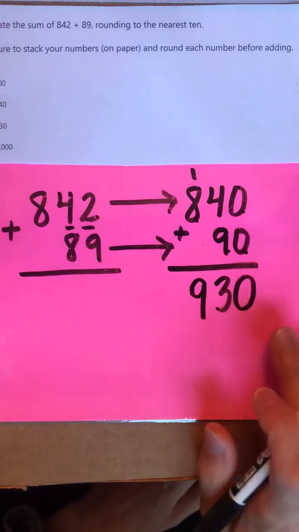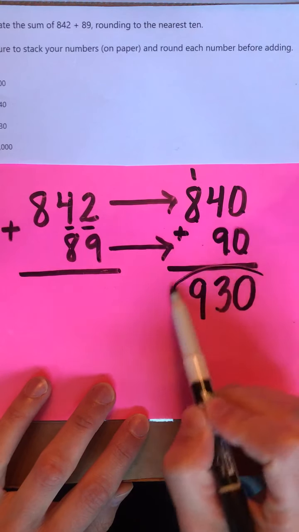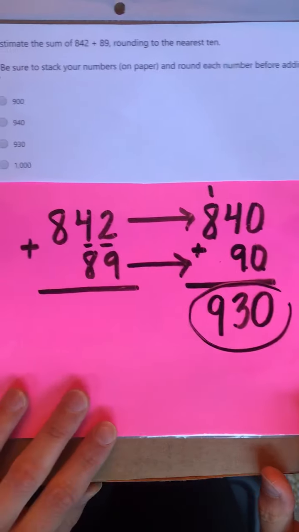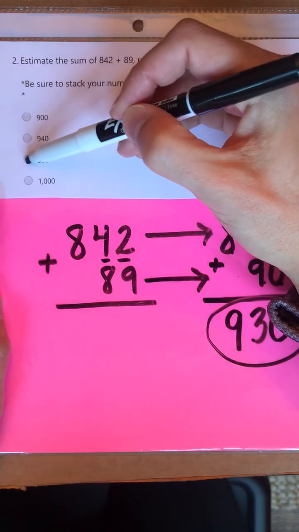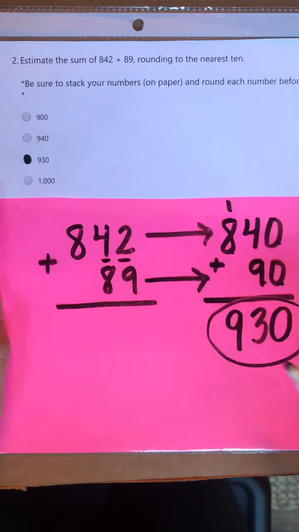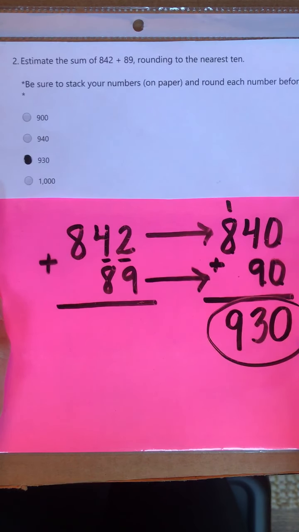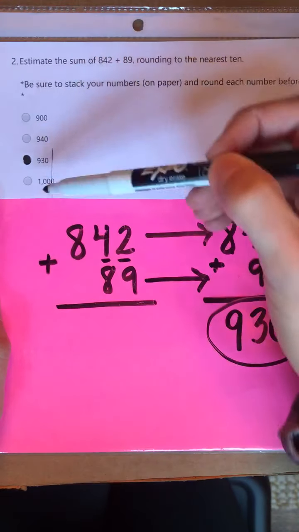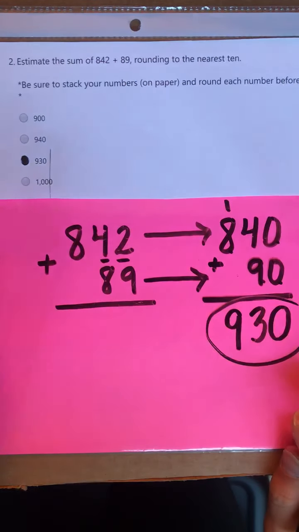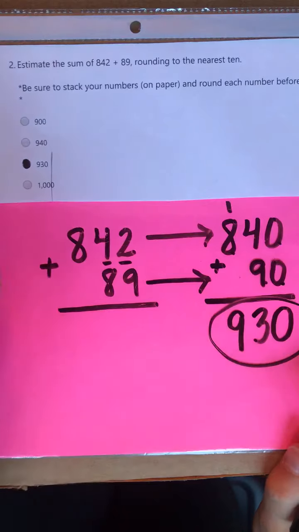So our sum is 930. So then when you go back to submit your quiz, you would find the answer that matches what you found on your paper. Remember, if your answer doesn't match any of the choices, you made a mistake somewhere along the line, and you'd have to go back and fix it.